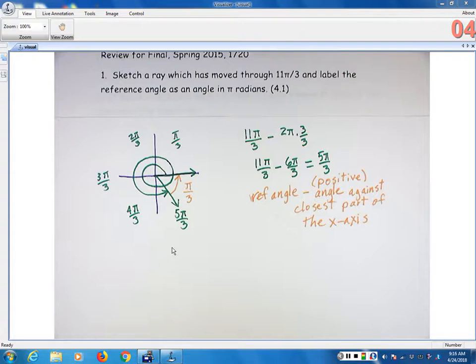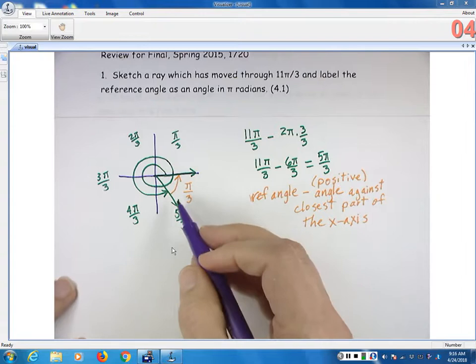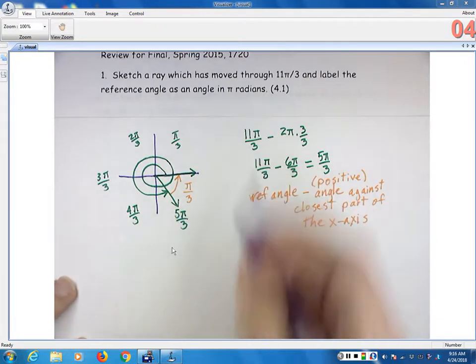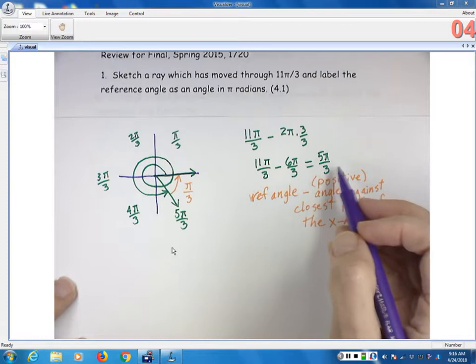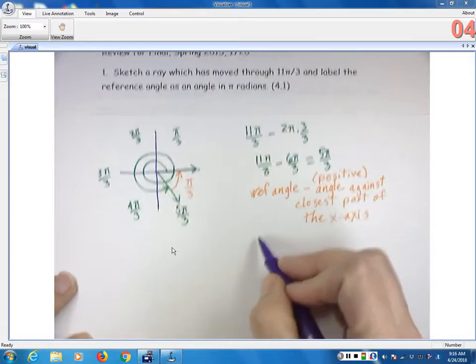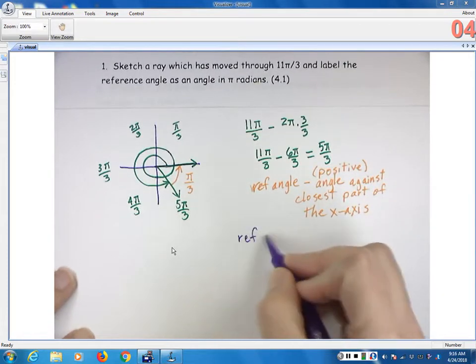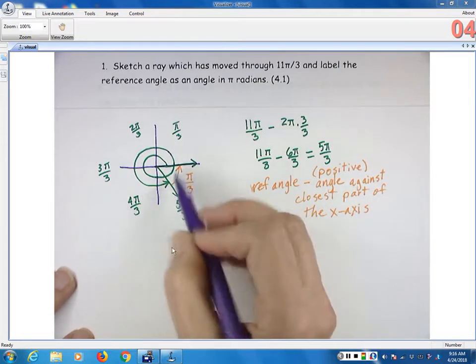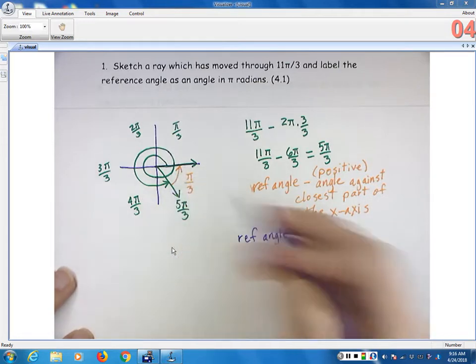Or you could subtract. You could take 4 pi over 3 minus... The reference angle you could find just from the picture: you can see you need to subtract 2 pi minus 5 pi over 3.